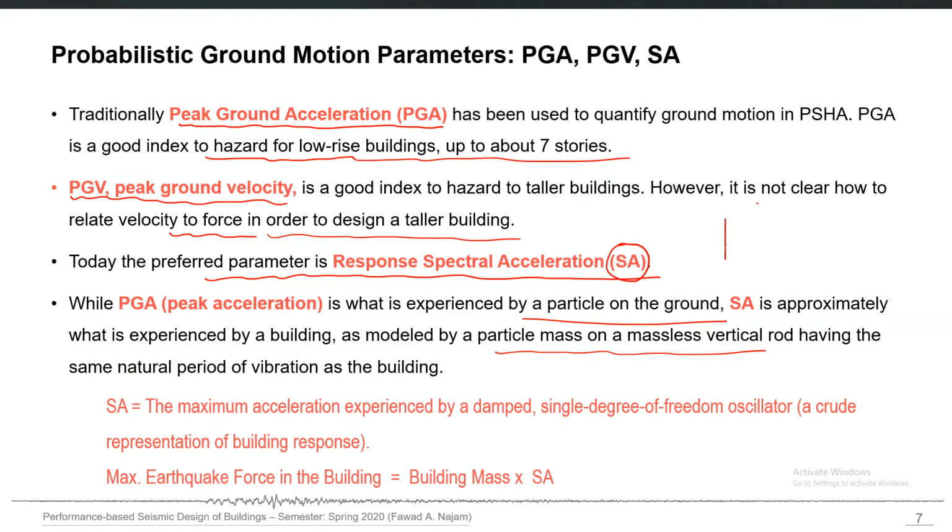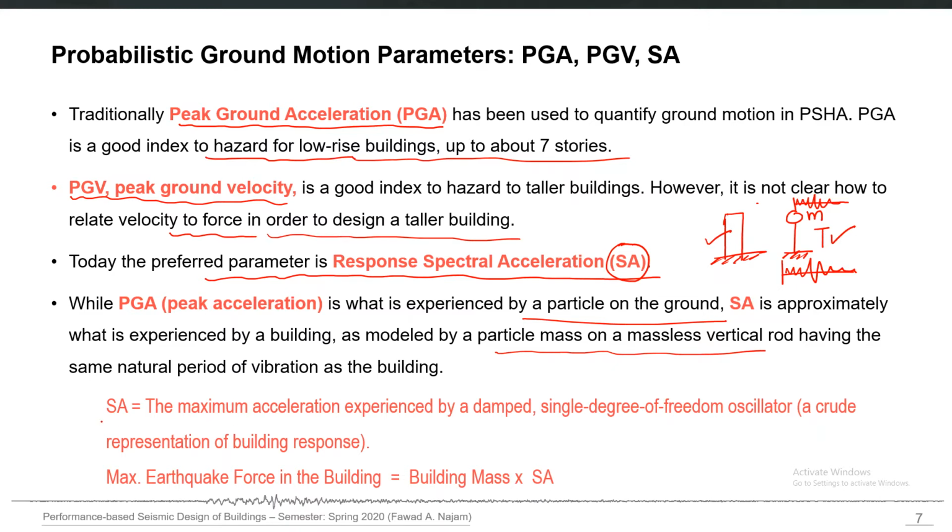So if we assume that our building is approximately modeled as a single degree of freedom system with the whole of the mass lumped here, and this system will have the same natural time period as the time period of the building, the response acceleration to that particular single degree of freedom system against a particular ground motion, the peak value of that response acceleration, is called the spectral acceleration.